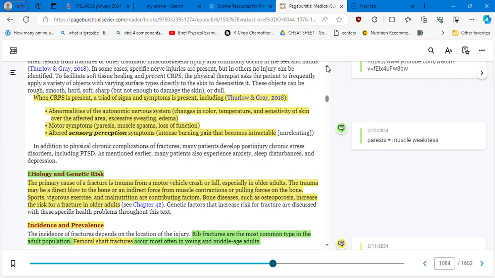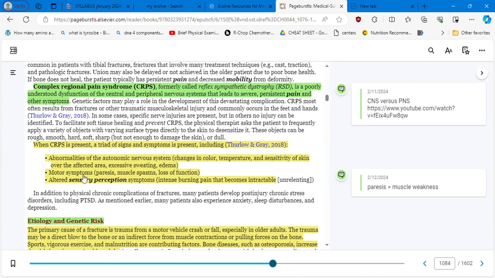When complex regional pain syndrome is present, a triad of signs and symptoms is present, including abnormalities of the autonomic nervous system. That's why it's very important to review this video. Changes in color, temperature, and sensitivity of skin over the affected area, excessive sweating, edema.